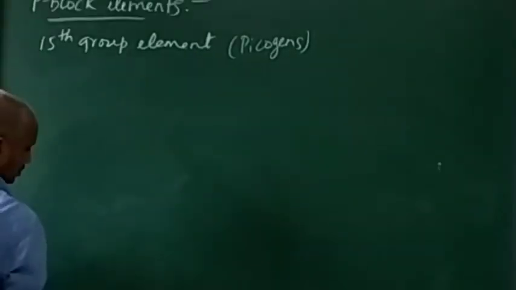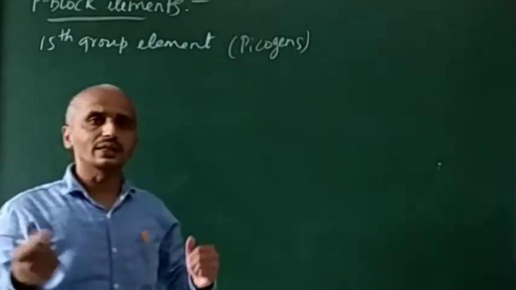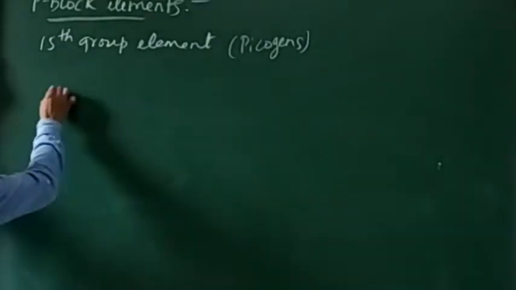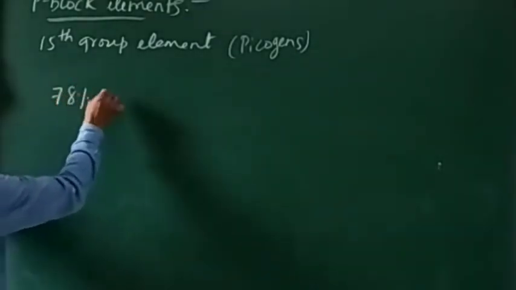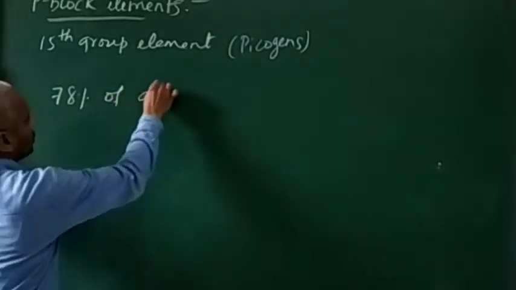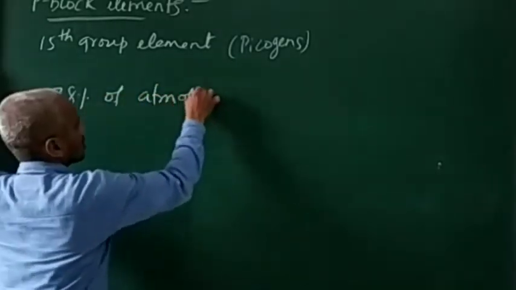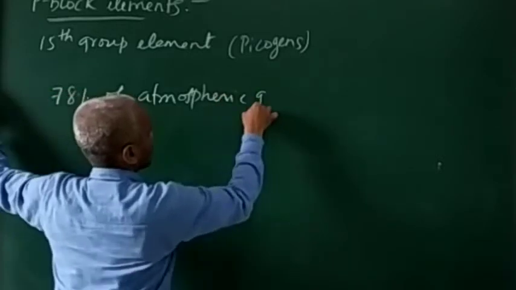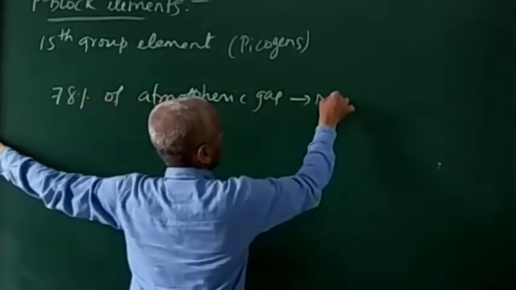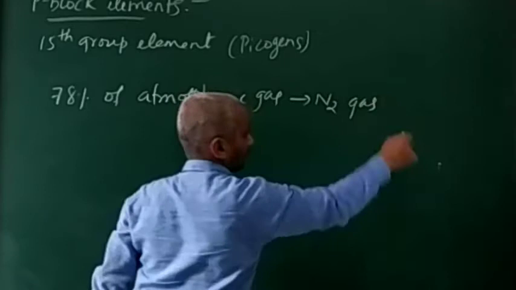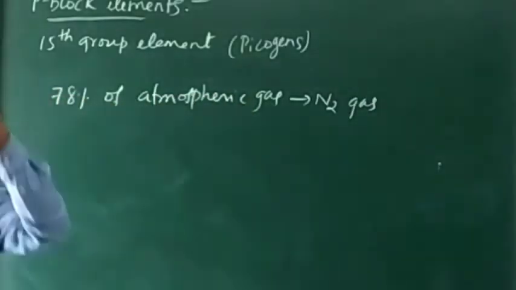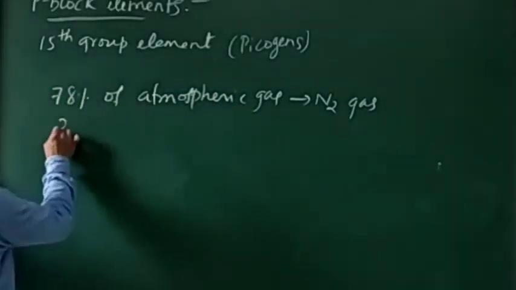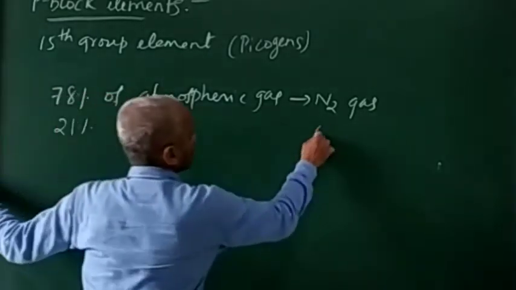Now, where can we get nitrogen? 78% of the atmospheric gas is nitrogen gas only. Around 21% is oxygen gas.